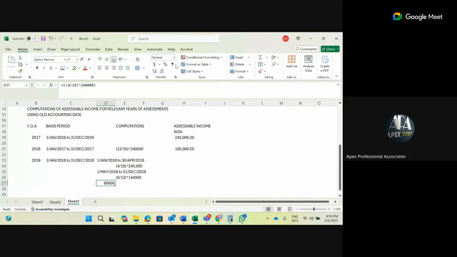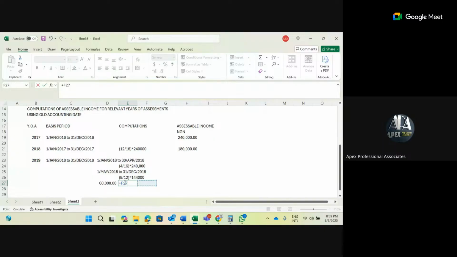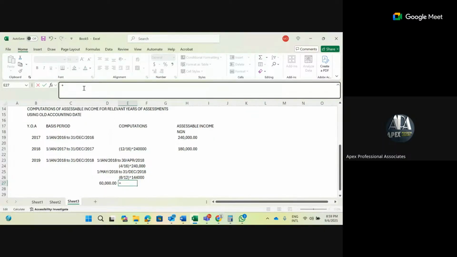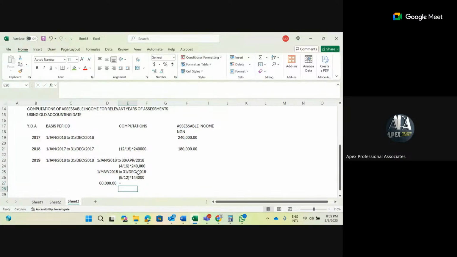Please, if I'm not correct, you can quickly correct me. 60,000 naira plus 8 divided by 12 times 144,000 naira.